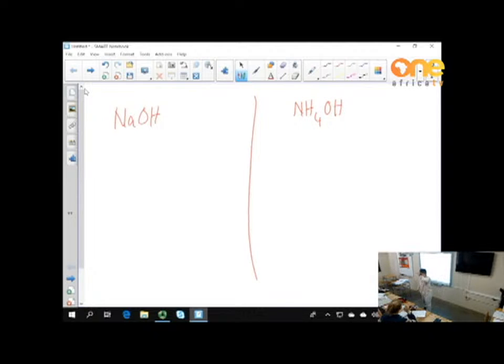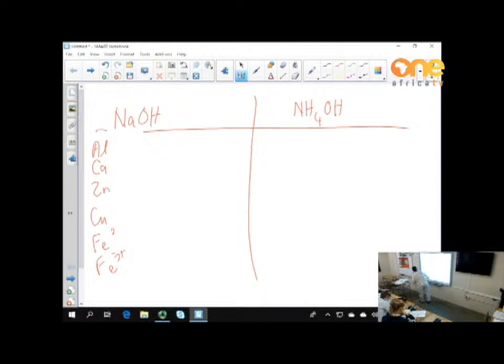And in each case, we found that we got a precipitate or no precipitate, okay? The first metals that we had a look at was aluminium, calcium, zinc. Then we had copper, iron 3 plus, 2 plus, 2 plus, 2 plus, 2 plus, 3 plus. All right.